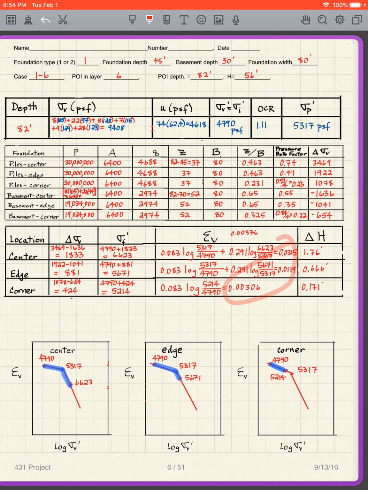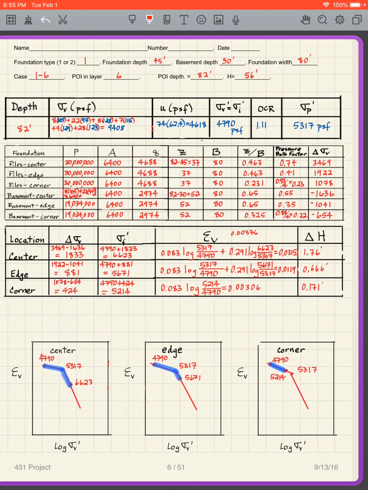So I get this is the delta H for this layer, layer 6. Okay, so I'm getting 1.76 feet below the center of my structure, 0.666 below the edge of the structure, 0.171 below the corner, but just for layer 6.